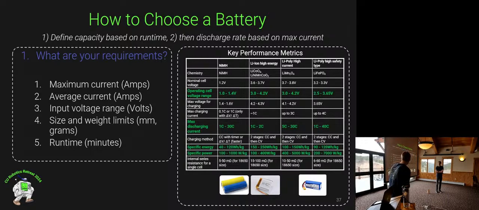Unless there's some specific reason I'm missing, like maybe they're really good over temperature, but unless there's a really unique application that requires a different technology, generally it's going to fall into lithium ion. Then you're just going to pick the size of the battery based on how much current you need and the voltage. Do you have any personal preferences on LiPo versus lithium ion versus lithium iron phosphate?